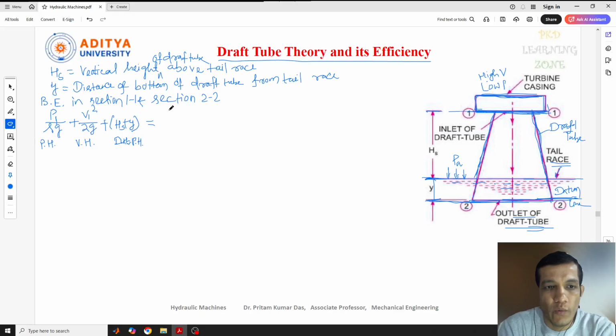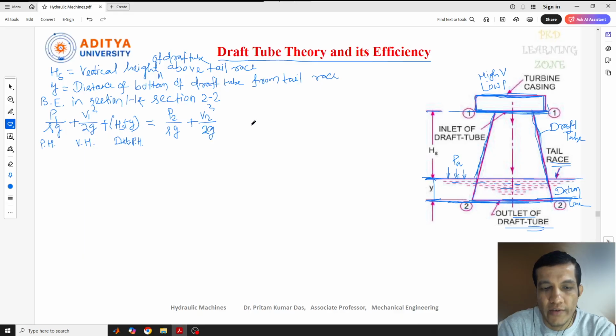Similarly, at section 2, what can we write? The pressure head at the outlet condition is P2 by rho g. That means at this point, what is the pressure value and what is the head on this. Plus this is V2 square by 2g.